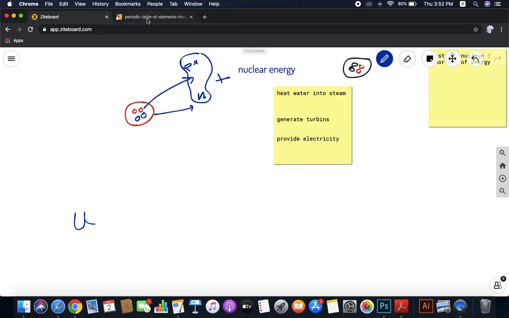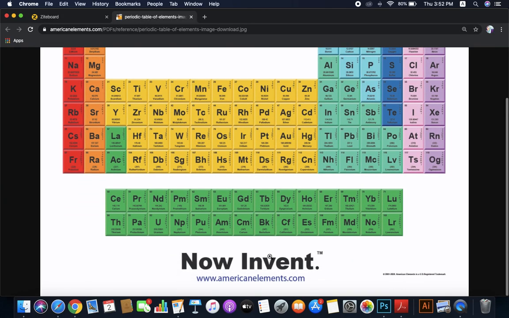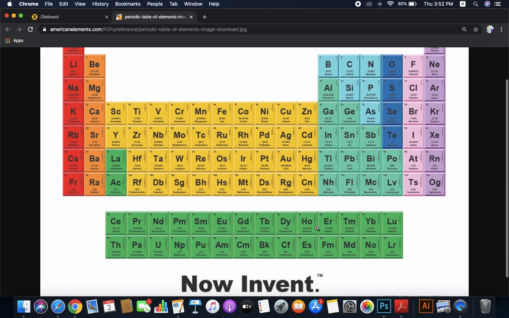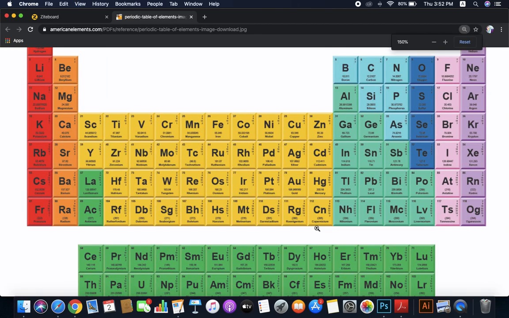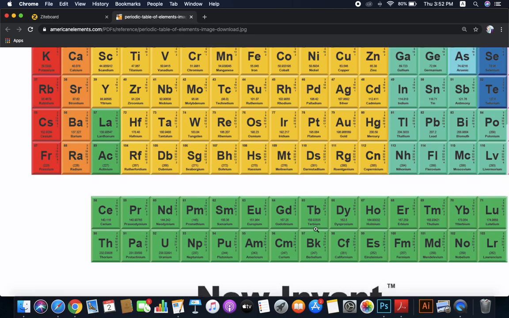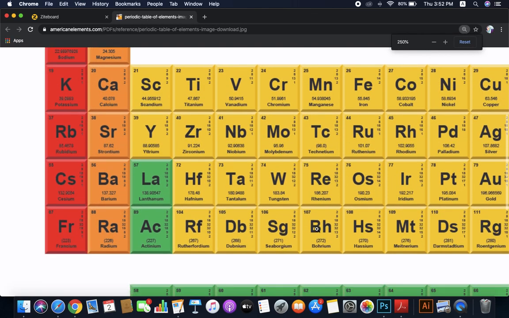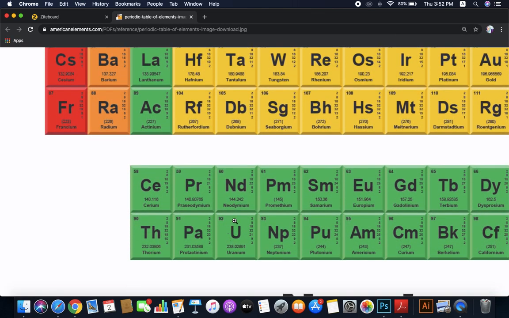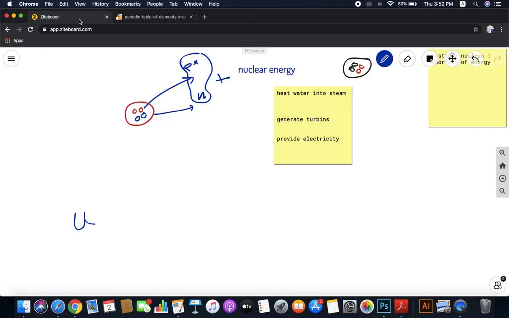Now, from the periodic table, uranium has 92 protons, 238 atomic mass. So here I will write the atomic mass on the top, and here I will write the number of protons.